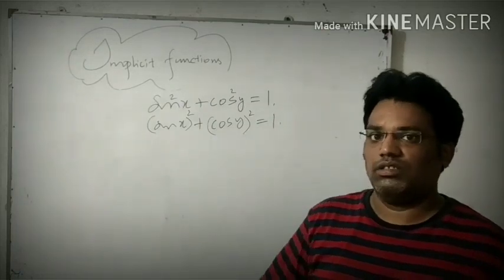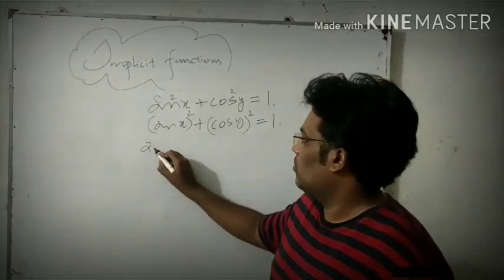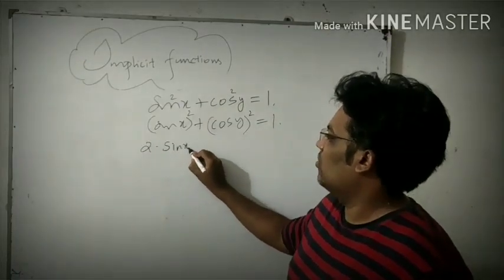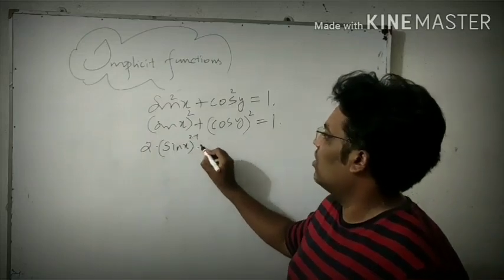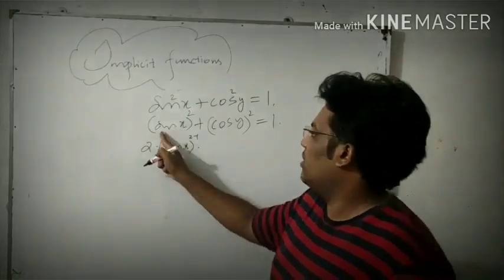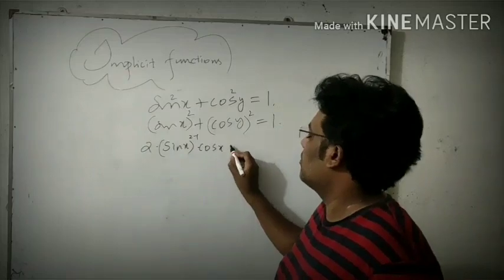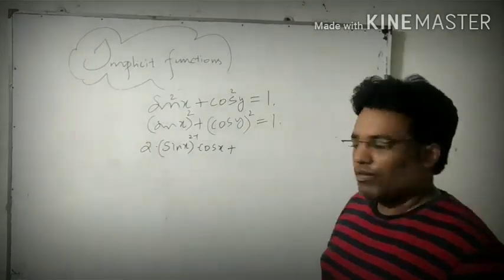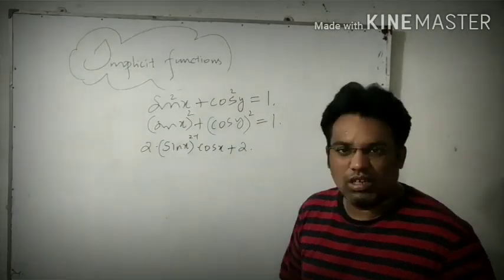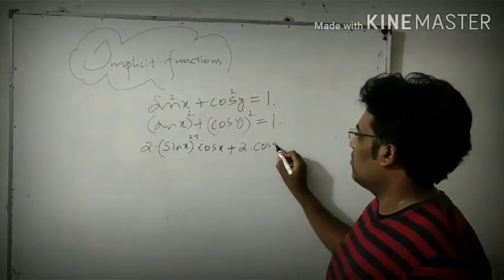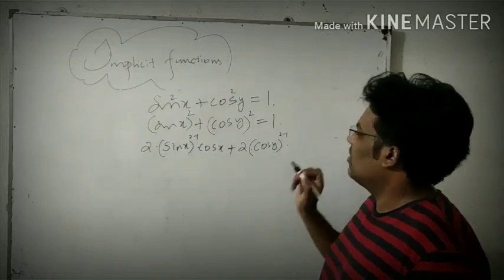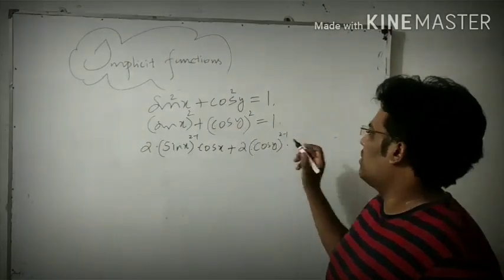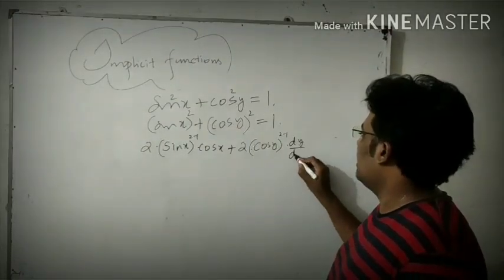Write the constant, reduce: 2 into sin x whole to the power of 2 minus 1. Differentiation of sin x is cos x. Plus the same thing, variable to the power of constant, keep the constant, reduce the power of the variable by 1, then differentiation of y with respect to x is dy by dx.